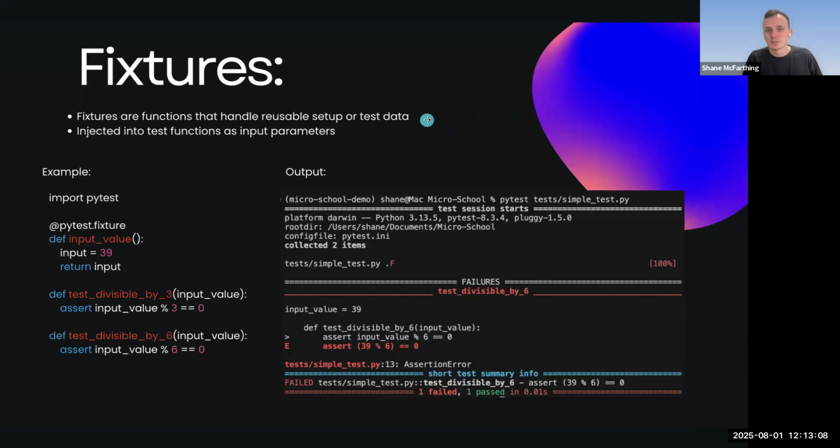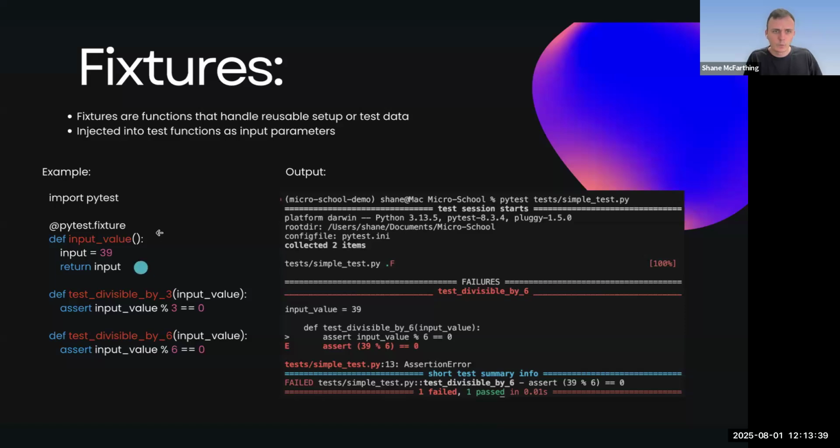Fixtures are functions that handle reusable setup or test data. They're very useful for reducing code duplication and having very easy setup of input data, which can sometimes be a bit complex. They are specified using the pytest.fixture decorator. In this example, we have a fixture function called input_value, and it creates a value input, which in this case is set to 39, and returns that.